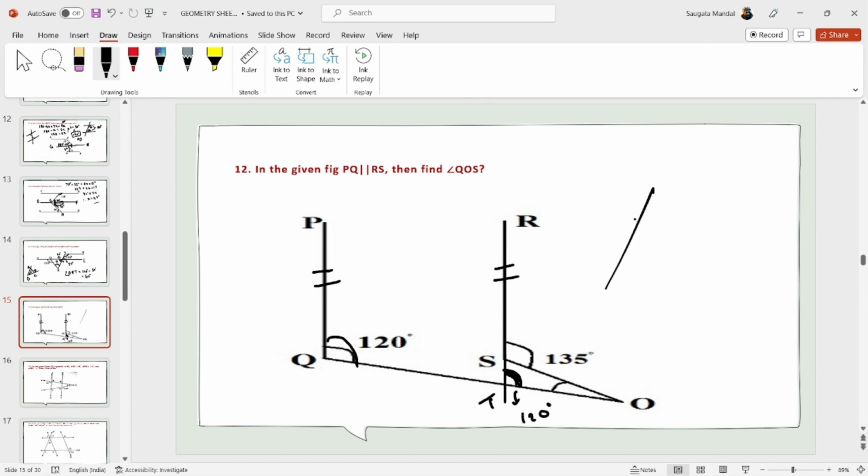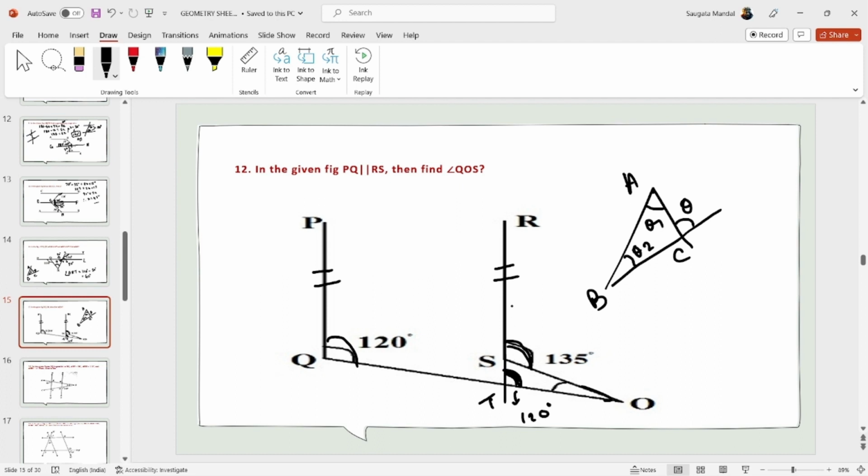And we know that in a triangle ABC, the angle theta is equal to the sum of angle theta 1 plus angle theta 2. Here in the triangle STO, the external angle RSO is 135 degrees.